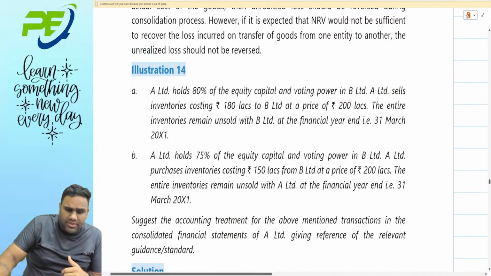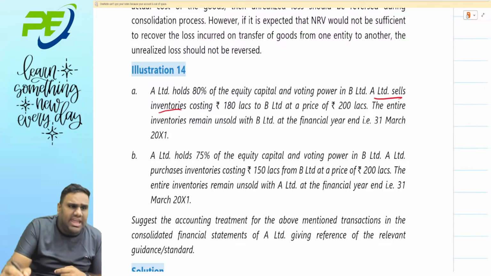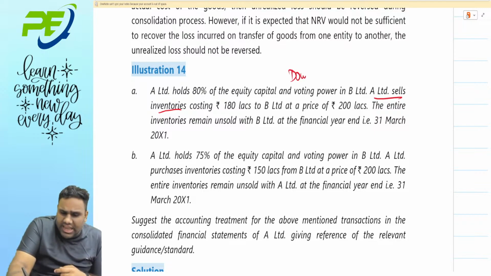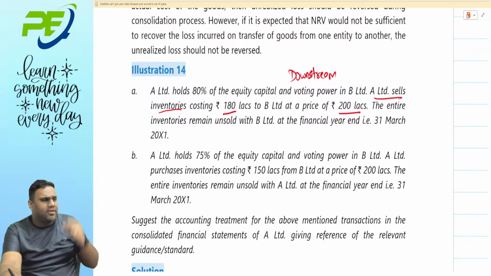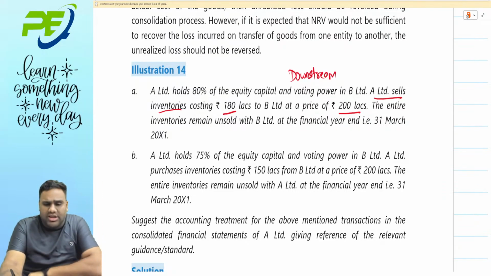Now, a one-minute illustration. Illustration 14. A Limited holds 80% of equity voting power in B. A Limited sells inventory. Upstream or downstream? Downstream, because holding is selling to the subsidiary. Costing 180 lakhs to B Limited at a price of 200. So 180 lakhs is being sold for 200, the profit is 20. The entire stock remains unsold.